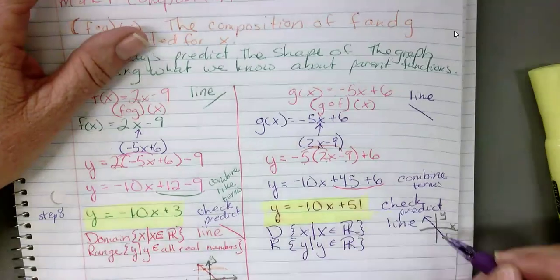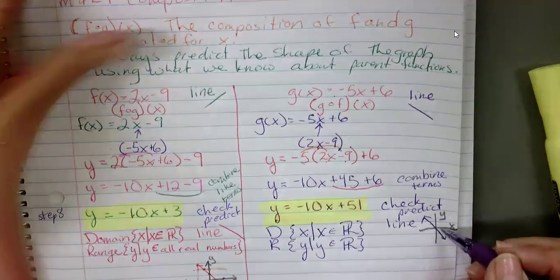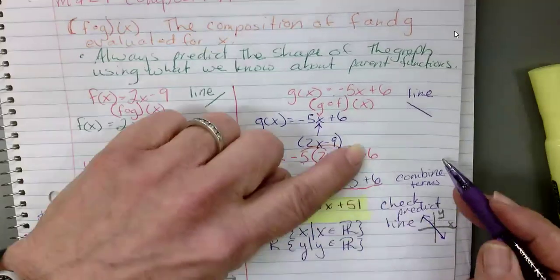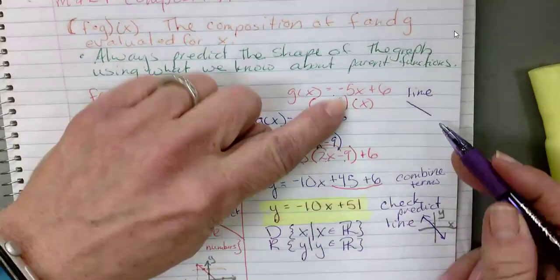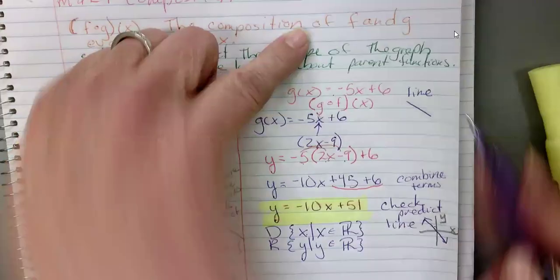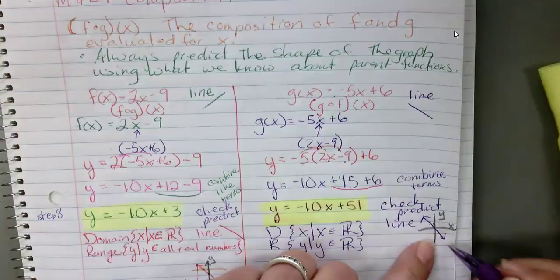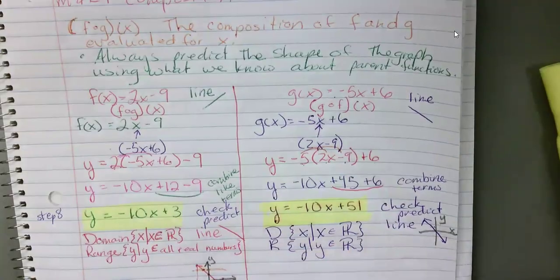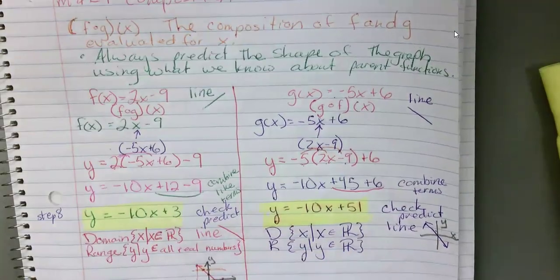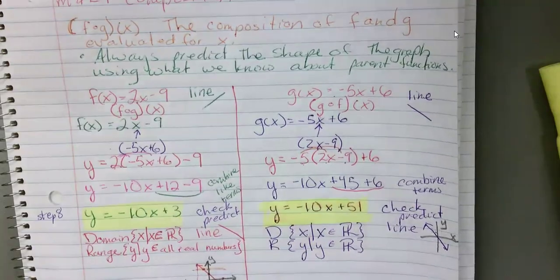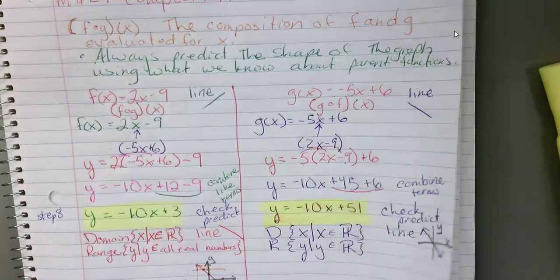Because going up or down, this purple line will eventually go all the way up, up, up, up, to positive 100 and positive 1,000 and positive 1,000,000. And this line is going to go down, down, down to where y is negative 100 and negative 1,000 and negative infinity. So it just goes on forever. So that is your domain and your range. You are finished. So let's go make it more complicated.